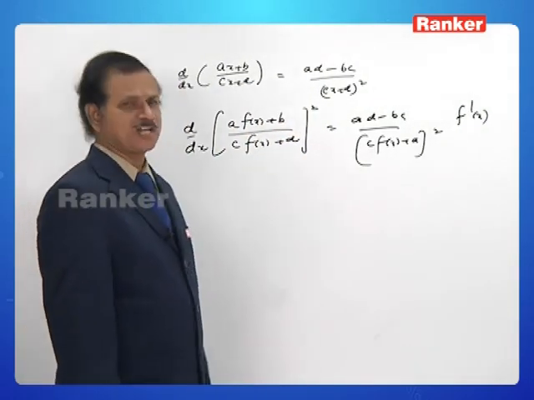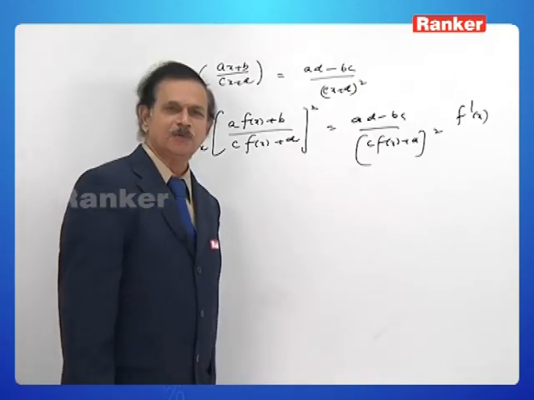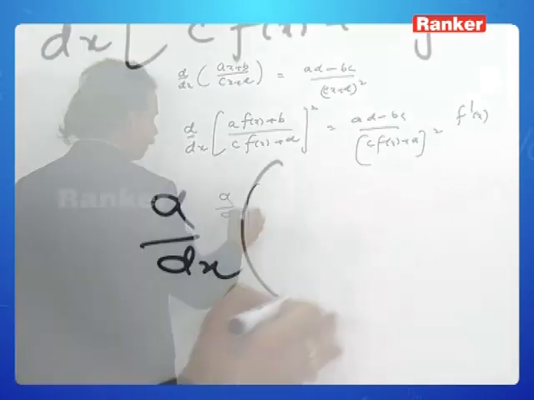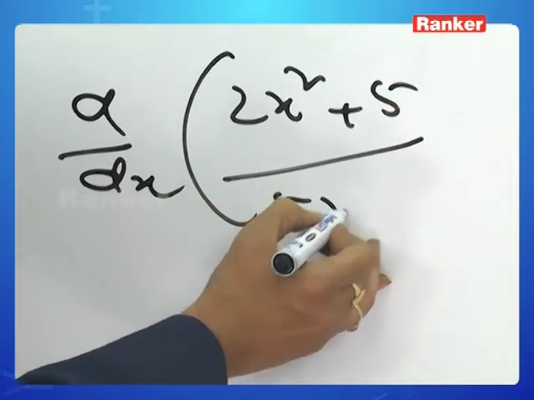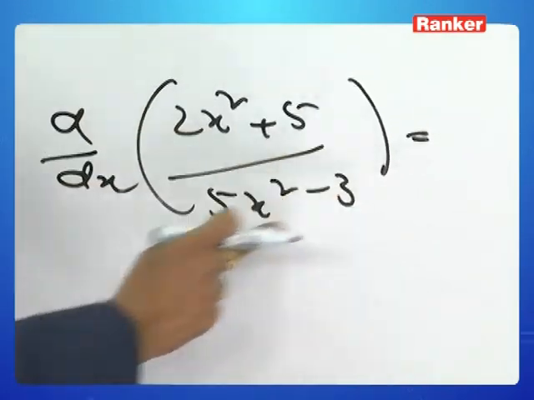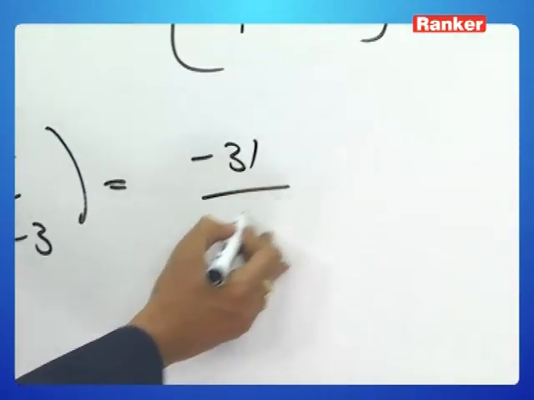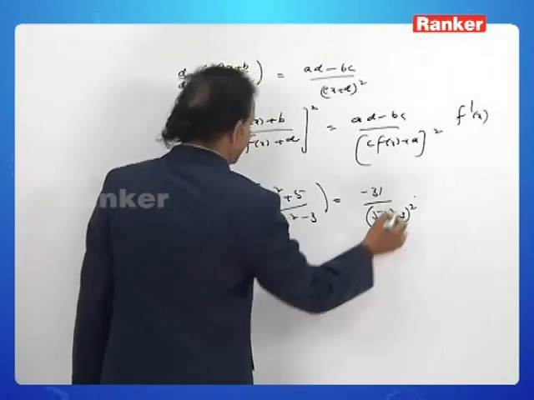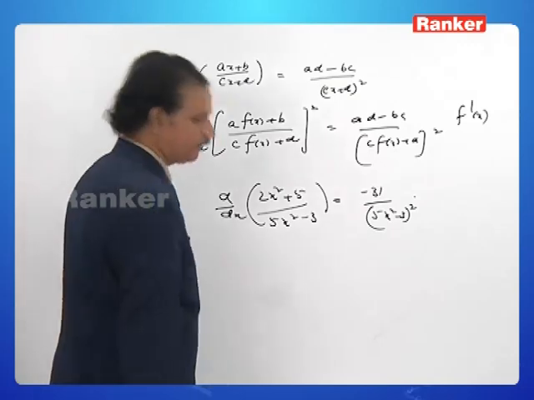And it will be very clear if you look at some numerical applications. We shall now do that. d by dx of (2x square plus 5) by (5x square minus 3). What is it? ad minus bc, minus 6 minus 25 is minus 31, by (5x square minus 3) whole square, into, in the place of f of x we have x square, its derivative is 2x.